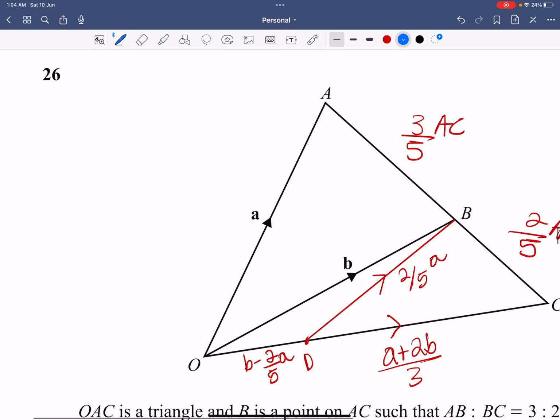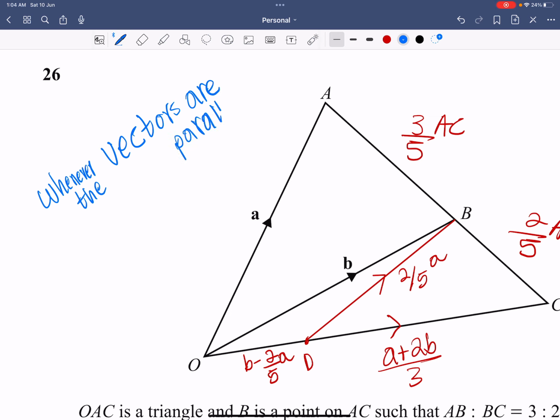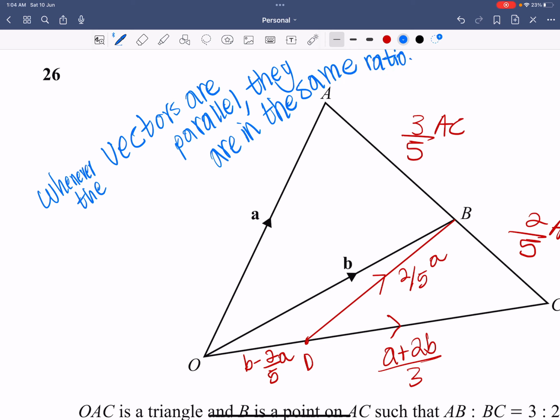Whenever the vectors are parallel, they are in the same ratio.